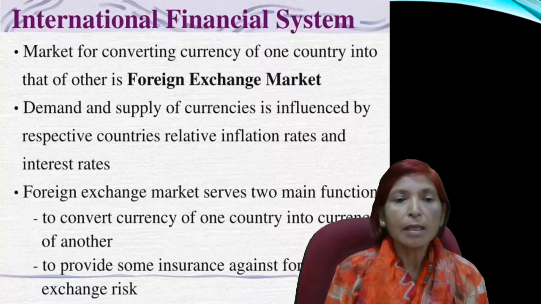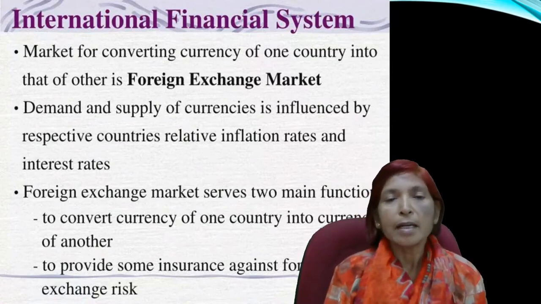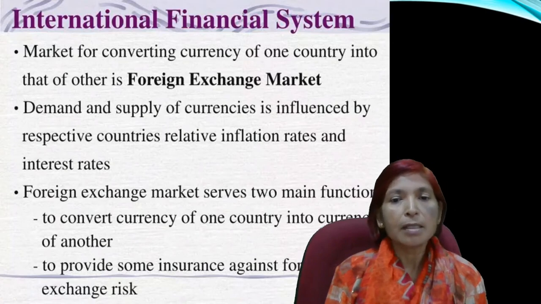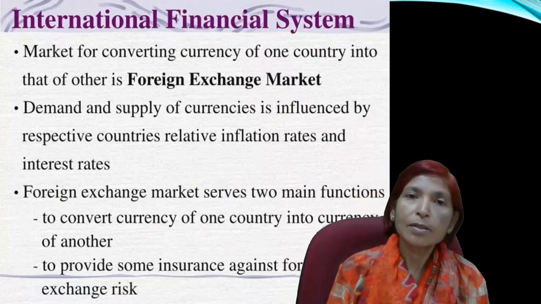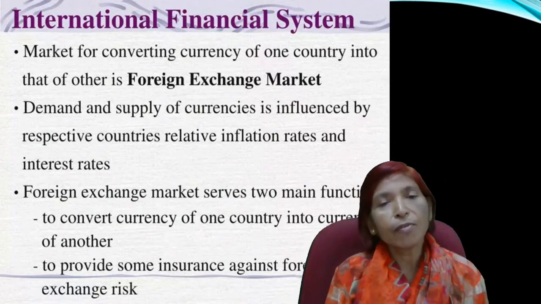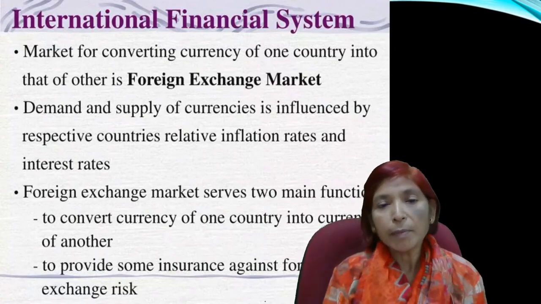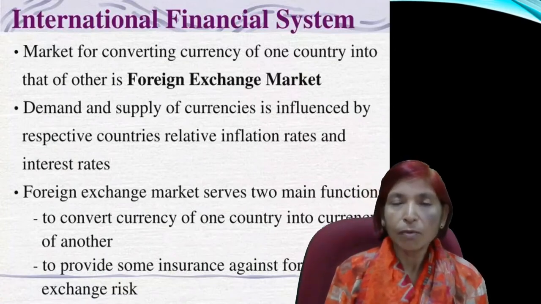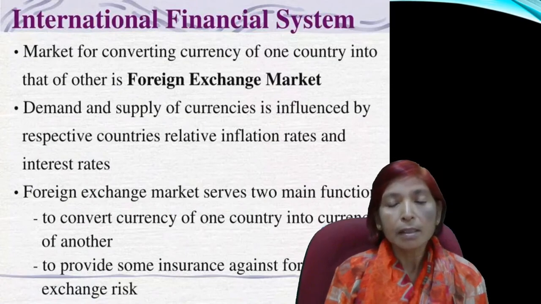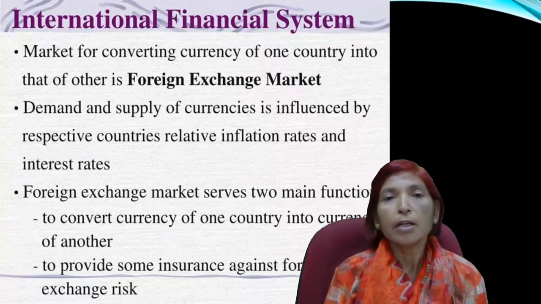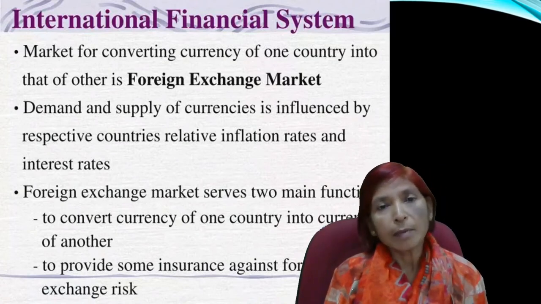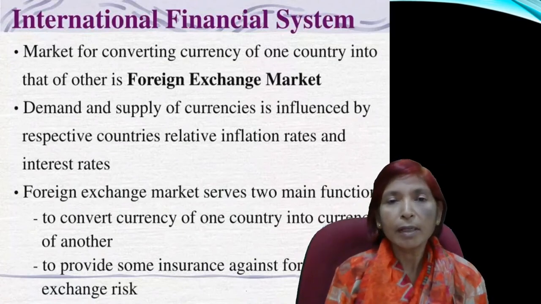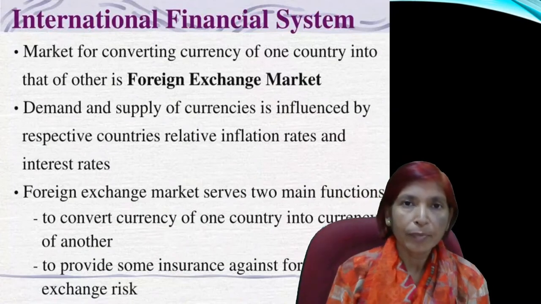At present the flexible exchange rate system is going on, which is fixed by the intersection of demand and supply of currencies, and demand and supply of currencies is influenced by respective countries' relative inflation rates and interest rates. So foreign exchange market mainly performs two functions. One is to convert the currency of one country into the currency of another, and to provide some insurance against foreign exchange risk.